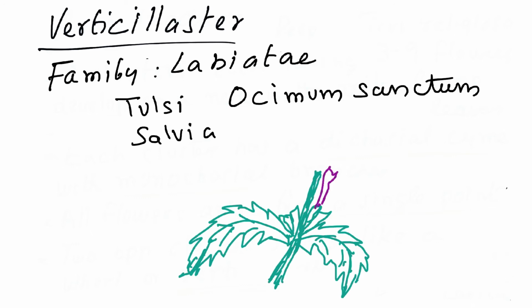So once again, reiterating, Verticillaster, the points to note are the development of the verticil and also the presence of dichasial as well as the monochasial type of inflorescence. So that's very important. Going on to the third kind of special inflorescence, which is called Cyathium.